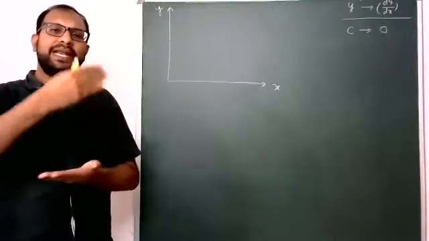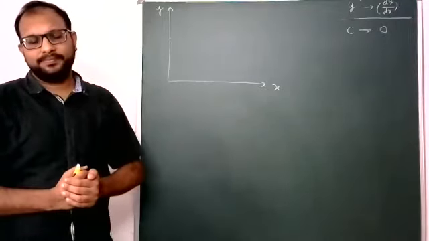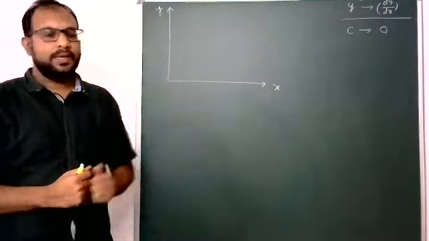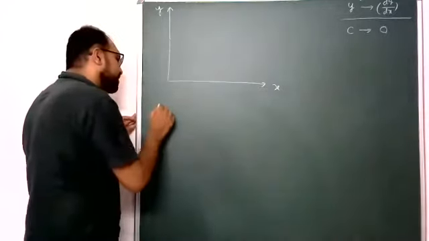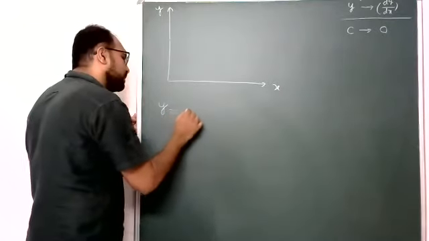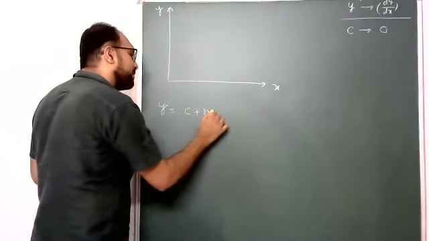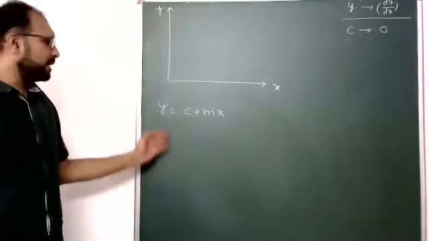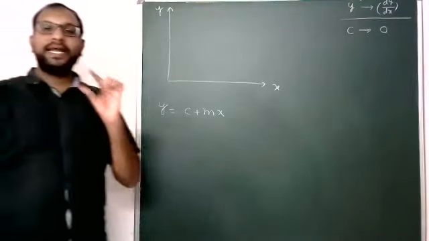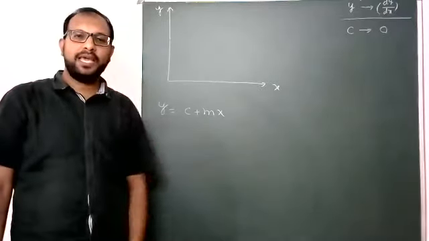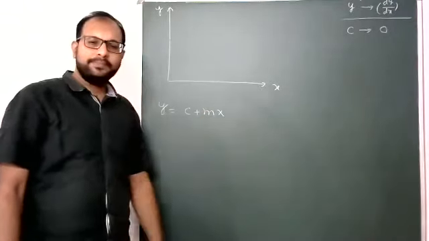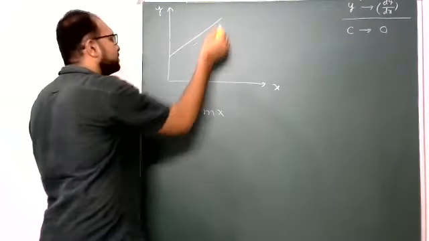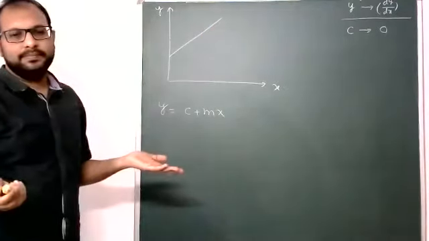So like that many equations are there for a straight line. The general equation, suppose y equal to c plus mx. All students know y equal to c plus mx, y intercept positive, that is plus c, and slope is m. So this is your straight line, y equal to c plus mx.